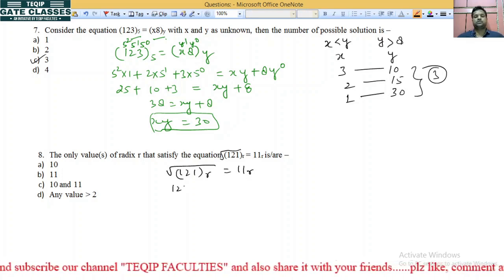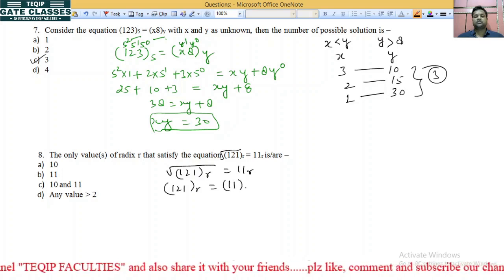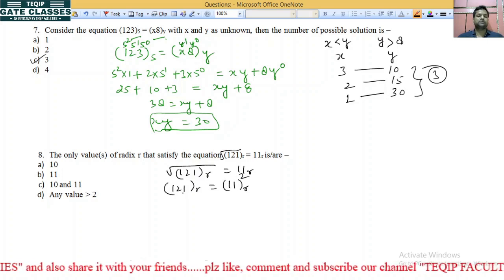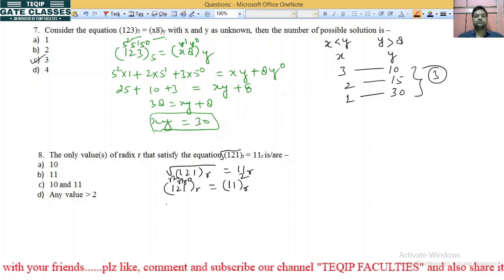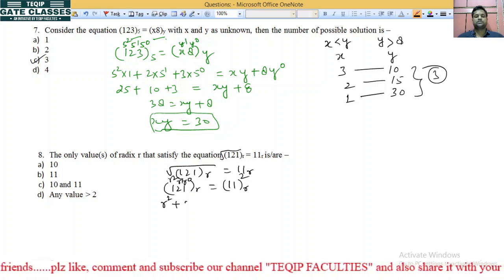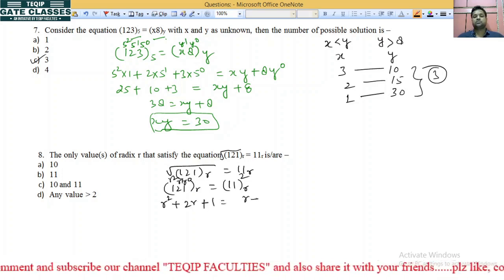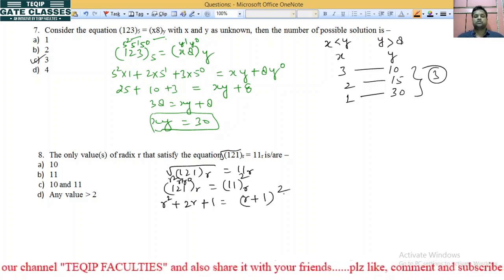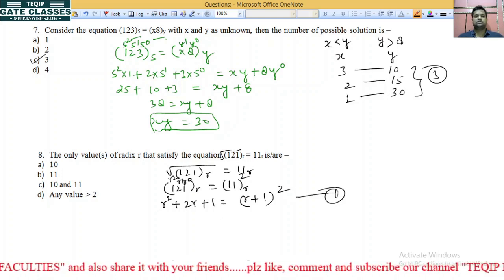Square both the sides, it will be 1 2 1 base r is equal to 11 square. Convert it in decimal. It will be r square plus 2r plus 1. This is r plus 1 whole square. This is our equation.